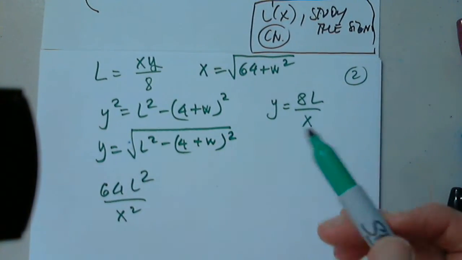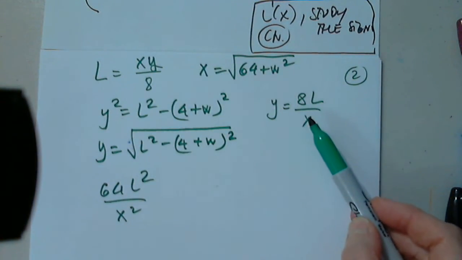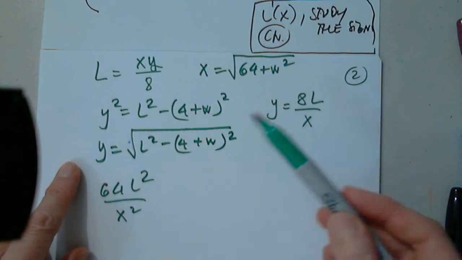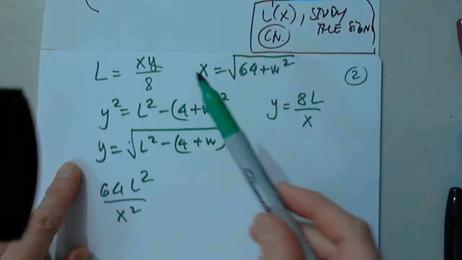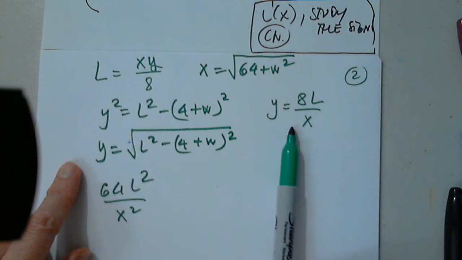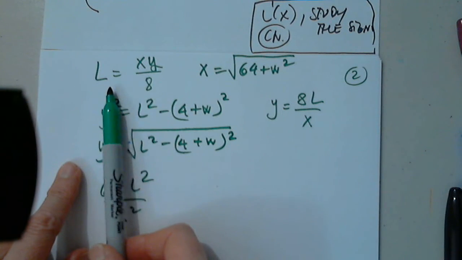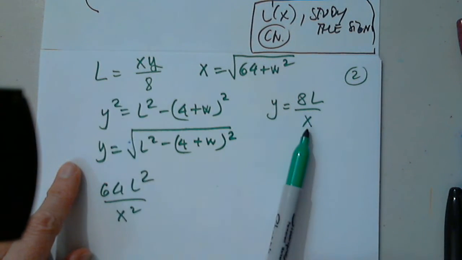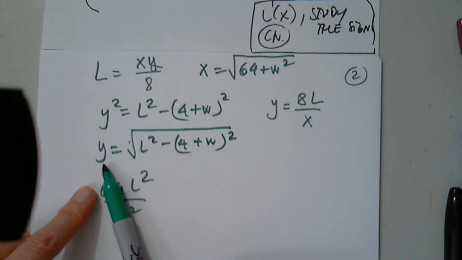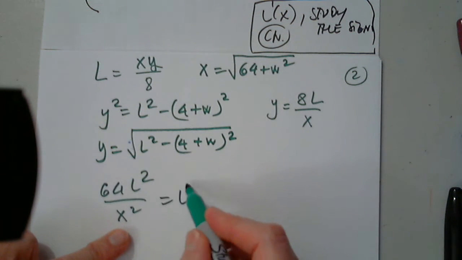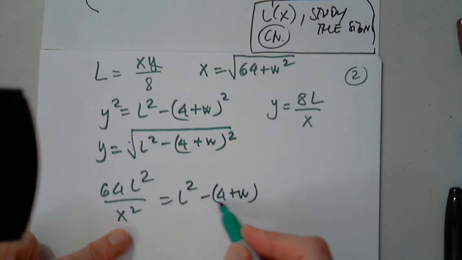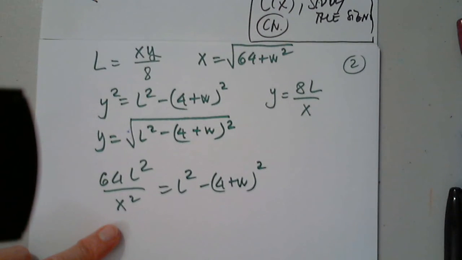This is not something that I could get a path for from the very beginning. So what I did, I took y from here, so 8L over X. So if I put it here, I get L squared minus 4 plus W squared. So the only thing I need to get rid of is W.